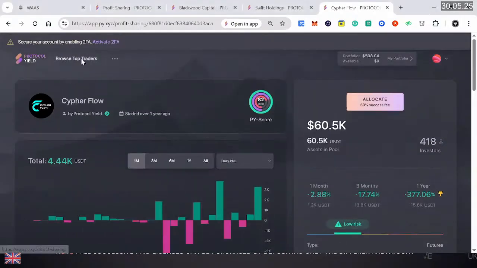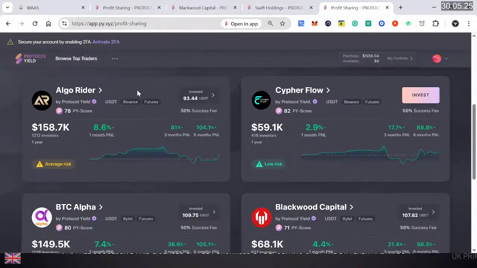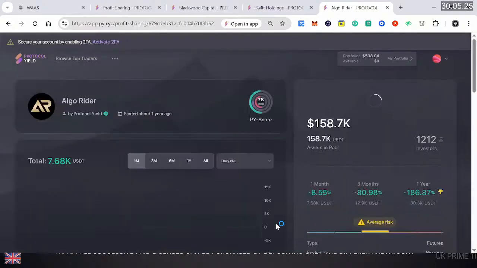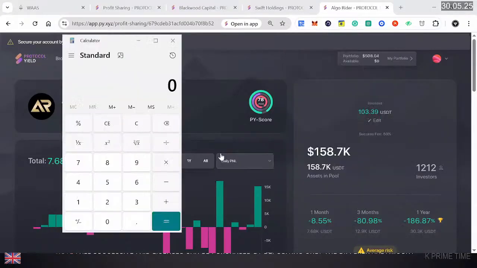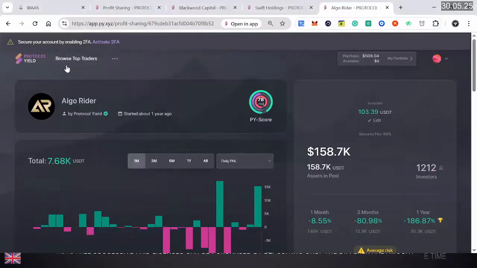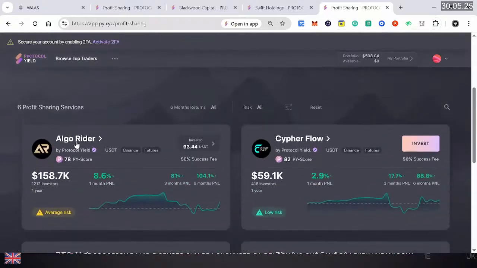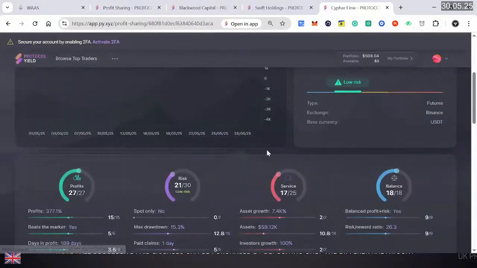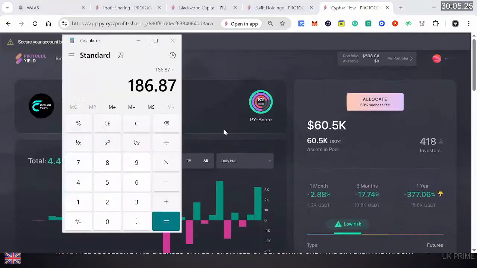Do you want a proof? Let's do some mathematics. 186.87. Thus, this is the algorithm. 377.06.